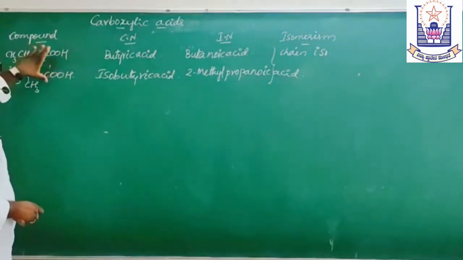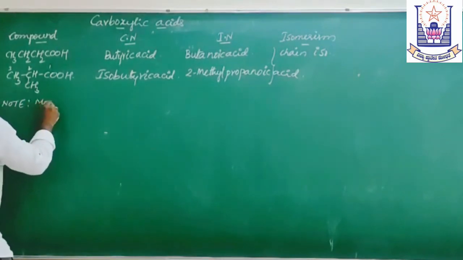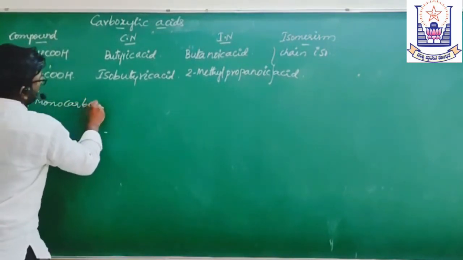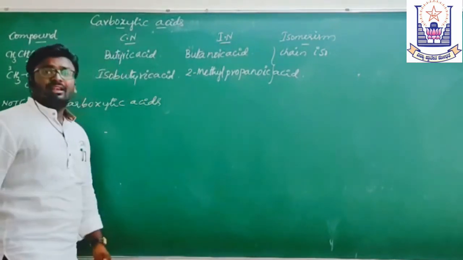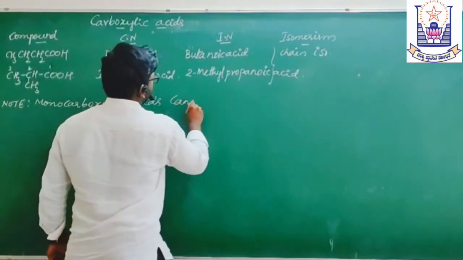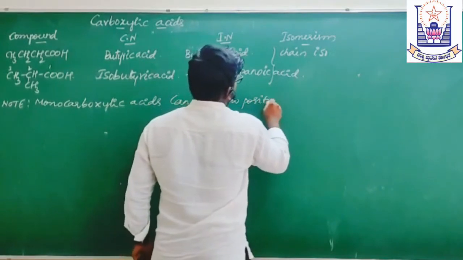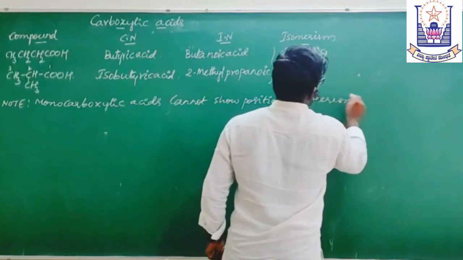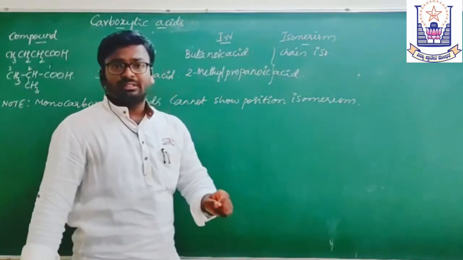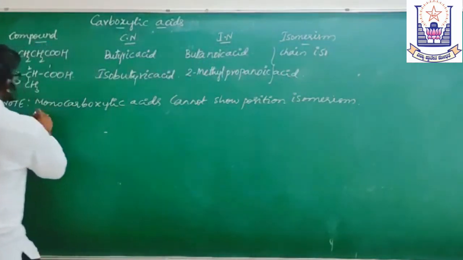Here, in the monocarboxylic acids, you may take note: monocarboxylic acids cannot show position isomerism, because COOH is a terminal group.